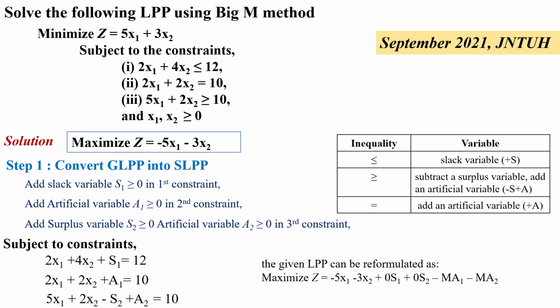Next we have to rewrite the objective function in terms of decision variables, slack variables, surplus variables and artificial variables.